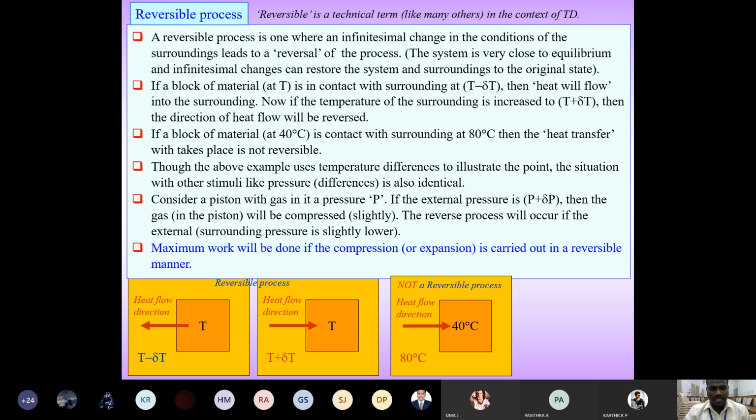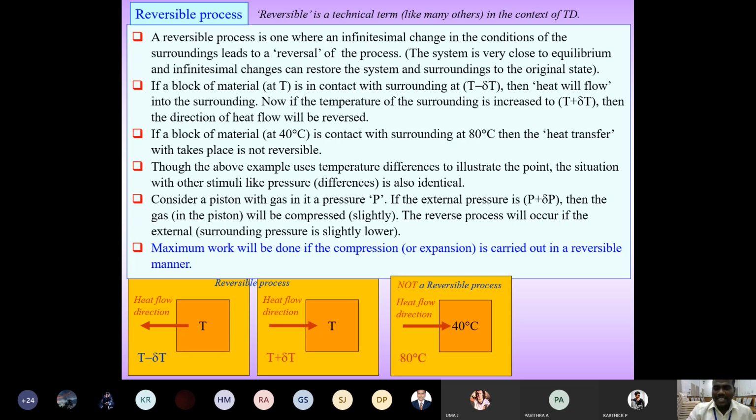Take this diagram. The system has temperature T, and the surroundings have temperature T minus a small change. So the surroundings have a lower temperature compared with the system. Then there will be heat flow from the system to the surroundings.